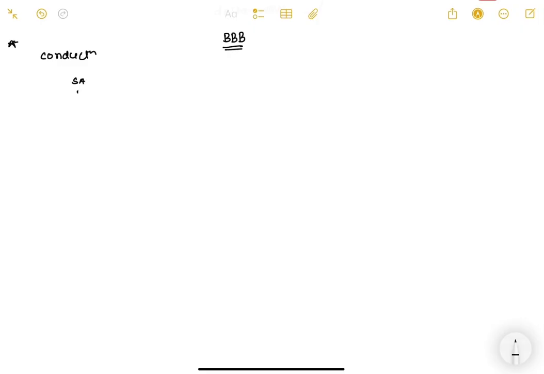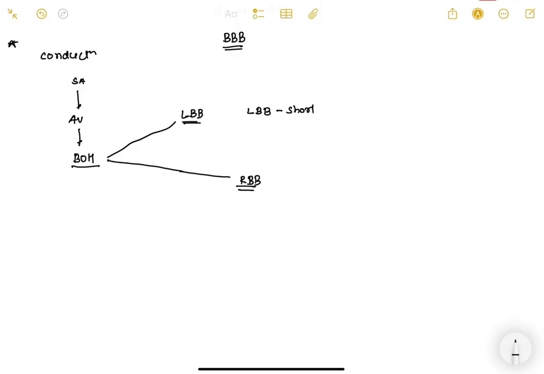Conduction starts from the SA node to the AV node to the bundle of His, and from the bundle of His there are two things, that is the left bundle branch and the right bundle branch. As discussed earlier, we know that the left bundle branch is short and first to depolarize.